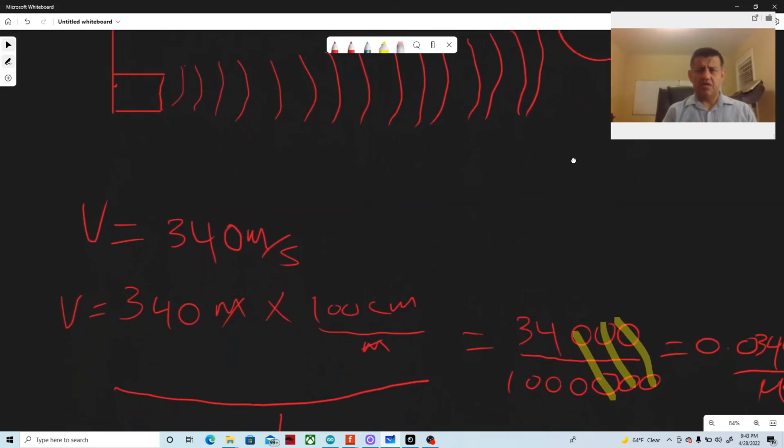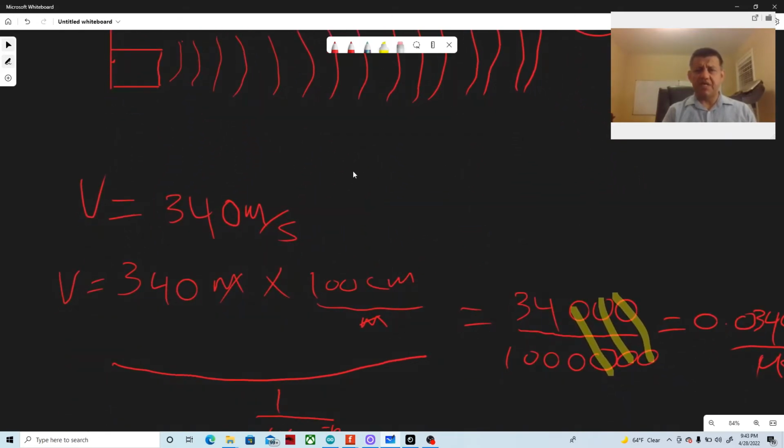Then we come over here and ask, what is the speed of sound? Well, the speed of sound is approximately 340 meters per second.